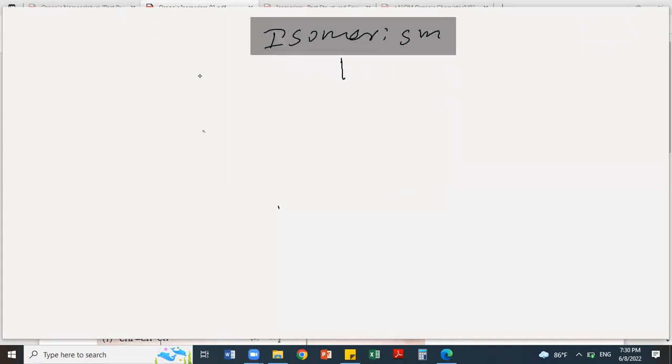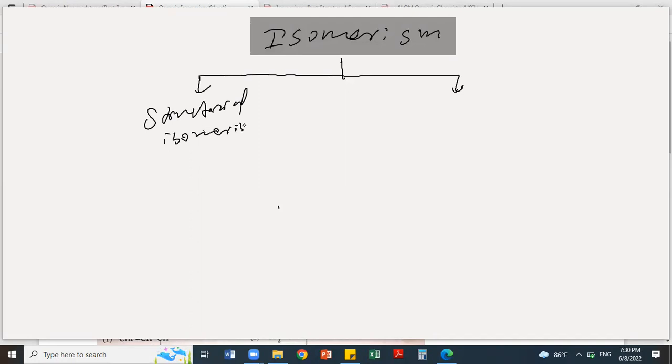Isomerism has 2 types. One type is what? Structural isomerism. Then the other one is stereoisomerism. That one I didn't do today; that is the next part.